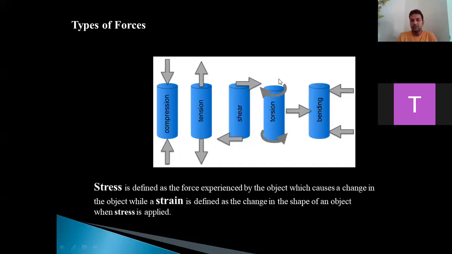In torsion, the object is rotated in opposite directions. In bending, two forces are applied in a single direction, whereas a single force is applied in between in the opposite direction. So different kinds of deformation occur in the rock strata.